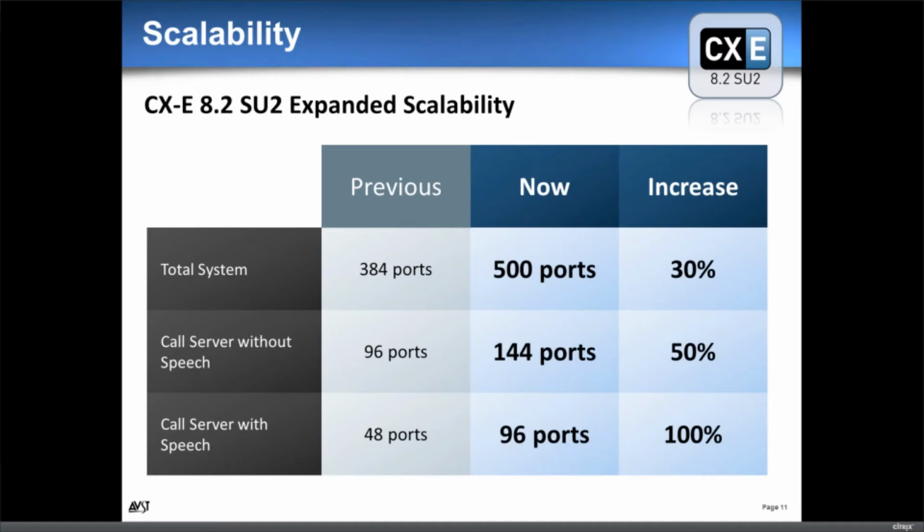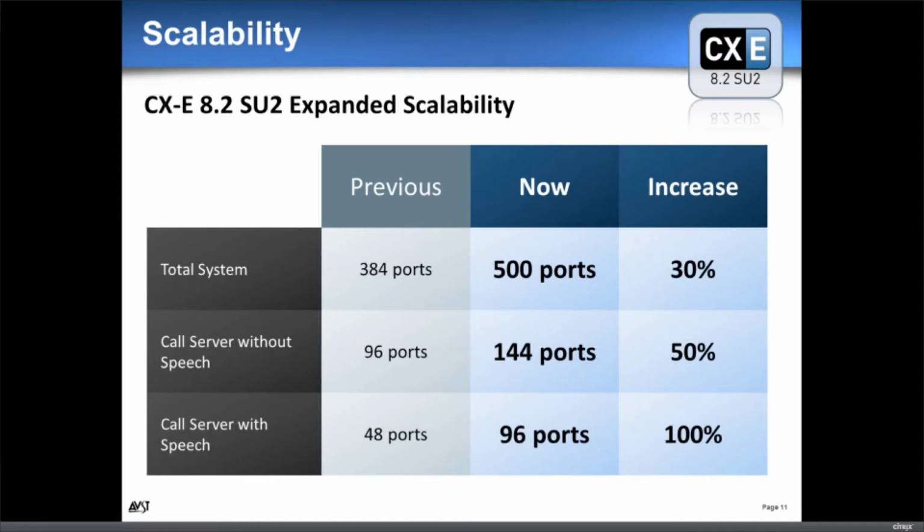So with Software Update 2, we increased the capacity across the board for what we can support. So now a single system can have up to 500 ports and up to 96 ports on a single call server, if you're using the speech application, or up to 144 ports on a traditional without speech.